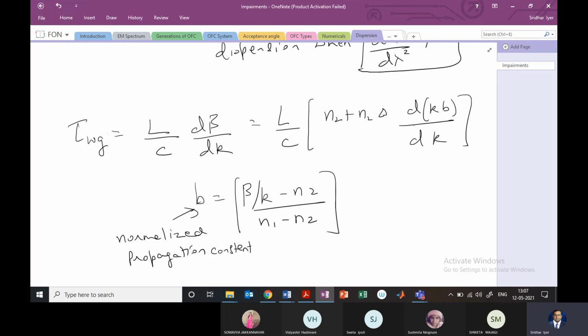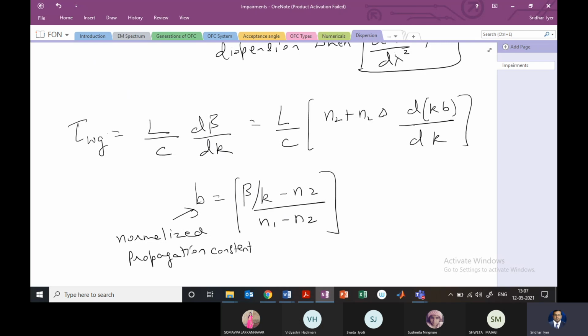But what is important is how to calculate the total dispersion, and once we calculate it, how we can reduce this total dispersion. Once we get that, then we can see which kind of fiber can be used to really reduce the dispersion.